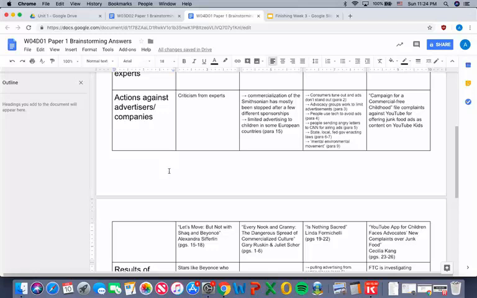What's important to remember is that you can use one of these rows to be a body paragraph, and that's what the next video is about: showing how you can take the information in one of these rows and make it into a body paragraph.